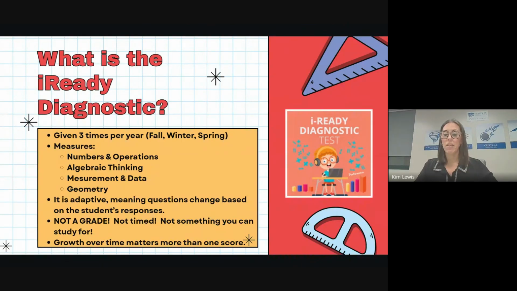And the opposite, if they are doing poorly on those grade level questions, it will adapt down and continue to adapt down until it levels out and students start to get it correct. So if your students said some of the questions were so hard, that's because it's trying to adjust to see what is just right for your child. So it does adjust to their needs.